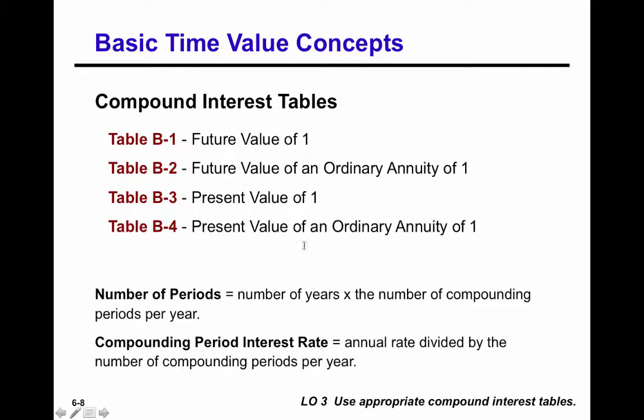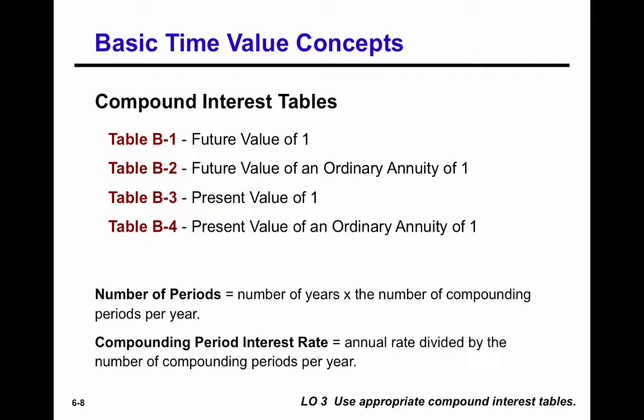There's one point down here that I didn't mention earlier, and that is in these tables, you'll see on one axis the number of years on the left-hand column and the right-hand column, and across the top row you will see interest rates. Recall that interest rates are always stated on an annual basis.